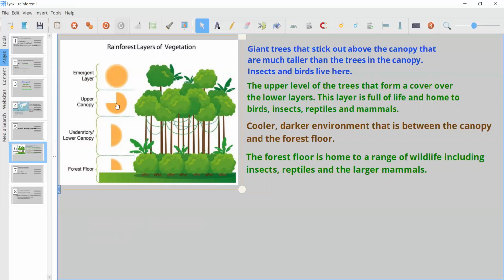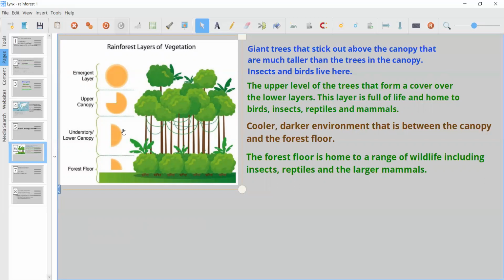Reptiles, probably like snakes and lizards. What else? Sloths. So mammals, you'd find monkeys and apes in the upper canopy. Arachnids, you'd find as well: spiders, probably really big spiders that I wouldn't like.